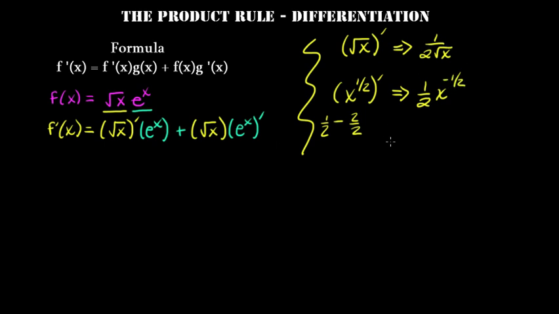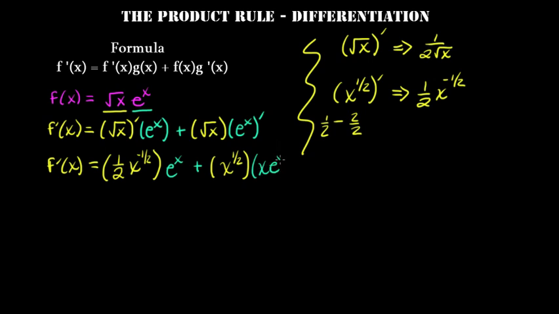So these are actually the exact same thing. It just depends if you like to work with fractions or roots. So let's go ahead and continue here. We have f prime of x, and then we have 1/2 x to the negative 1/2, multiplied by our g, which stays the same, plus, go ahead and keep your x to the 1/2 the same as well, and then multiply by g prime, which will give me e to the x.